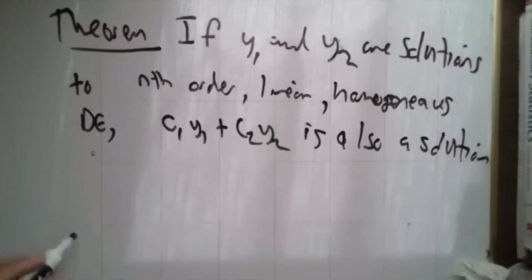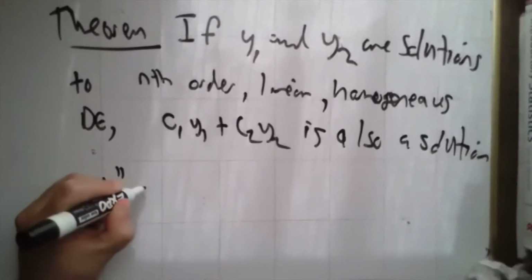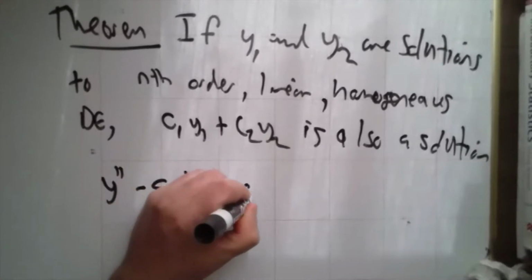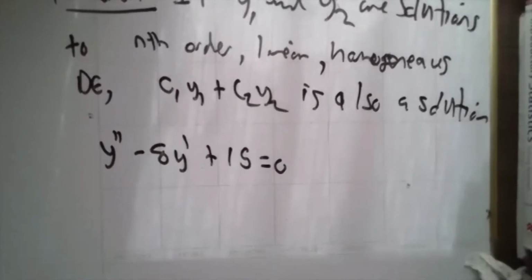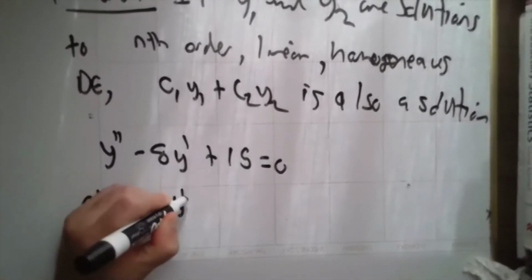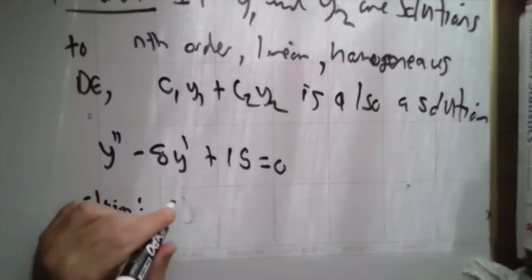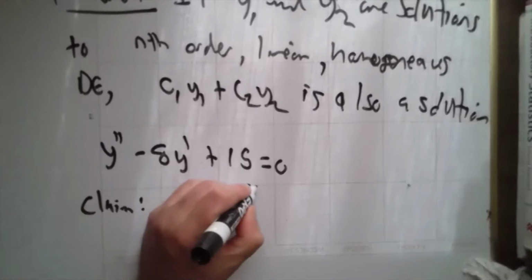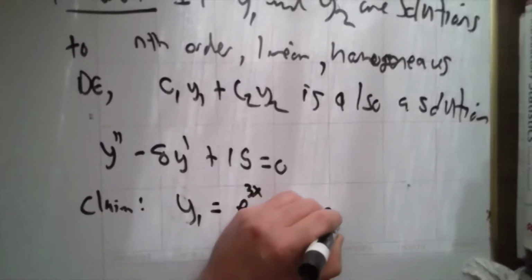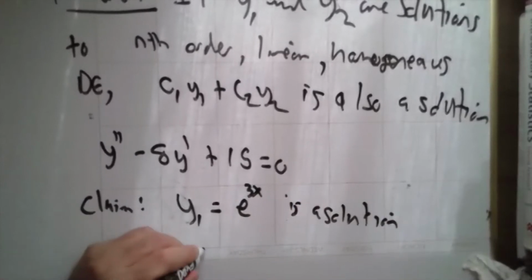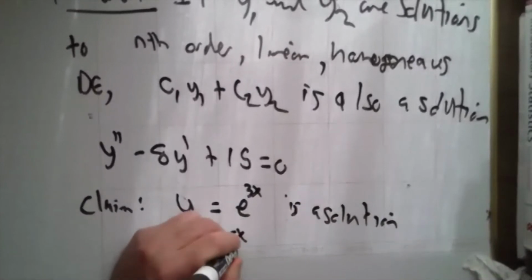So, for example, y double prime minus 8y prime plus 15y equals 0. I claim, we won't prove it right now, but I claim y1 equals e to the 3x is a solution. I also claim y2 equals e to the 5x is also a solution.